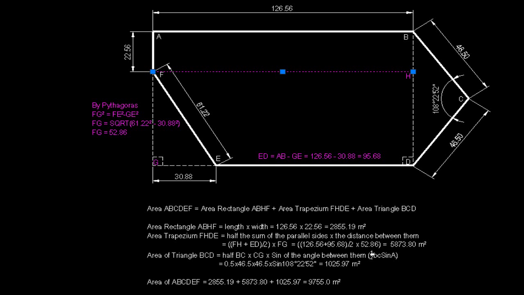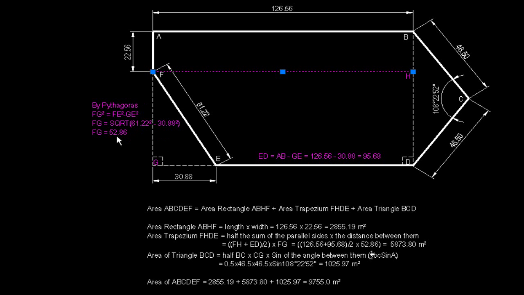Now let's have a look at the trapezium. The area of a trapezium is half the sum of the parallel sides times the distance between them. And in this case here, we don't have the distance between them, which would be FG or HD. But we do have a right angle triangle right in here, and we have the hypotenuse and one side.